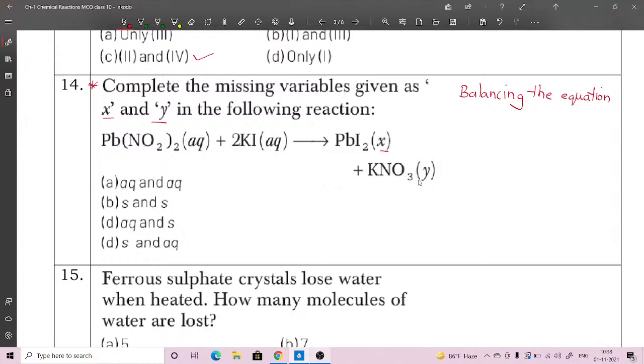What is x and y? Lead iodide is that which gives the yellow precipitate, so it is a solid. And KNO3, since it is in water, is aqueous. So which option has that? A, B, C, or D? Option number D is the correct answer, solid and aqueous.